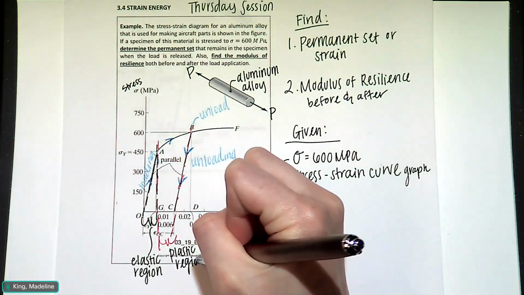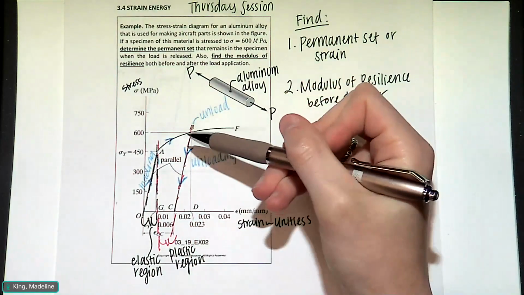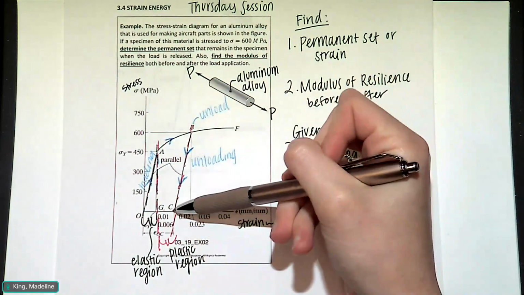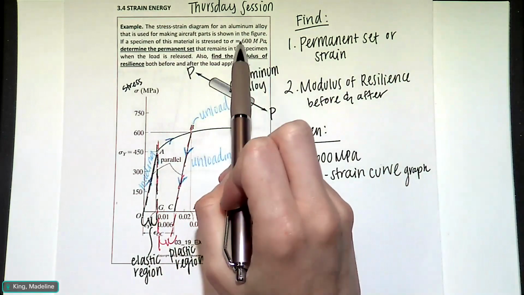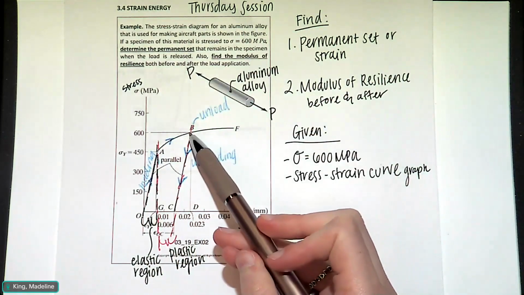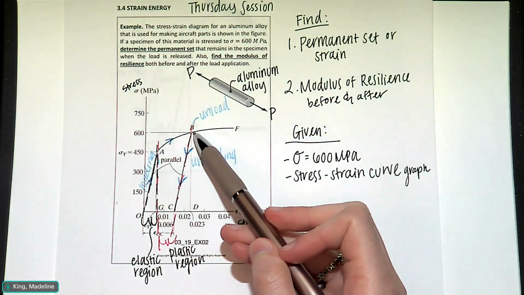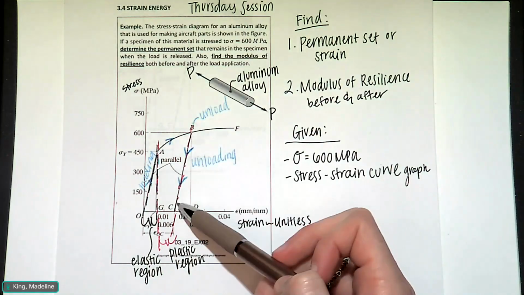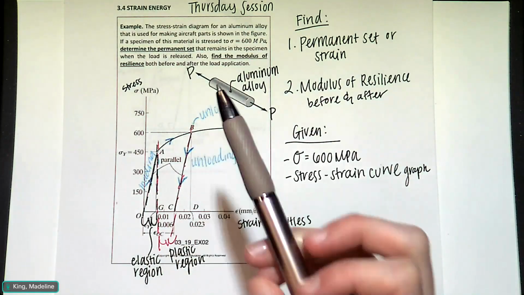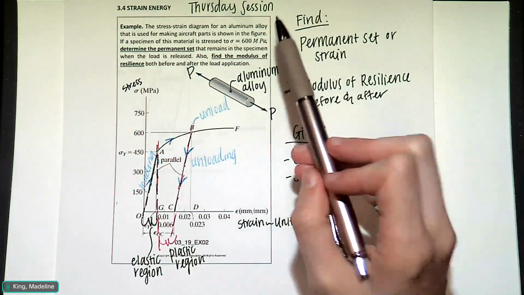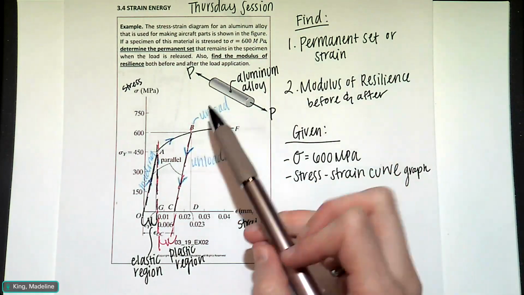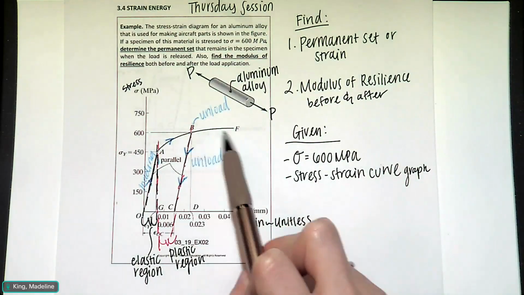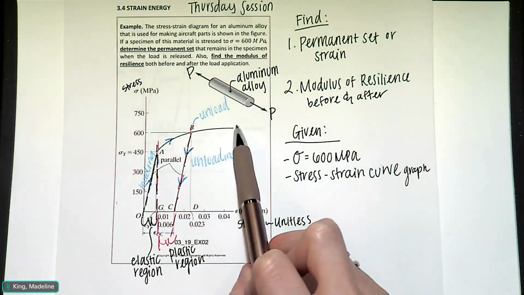So we have a line going from point B to point C because our material is only stressed to 600 megapascals. So once it hits 600 megapascals, it's just going to go to that unloading phase and we're dropping back down. If we weren't stopping at 600 megapascals, we wouldn't have this line here. And F is the continuous stress that's happening on the rod.